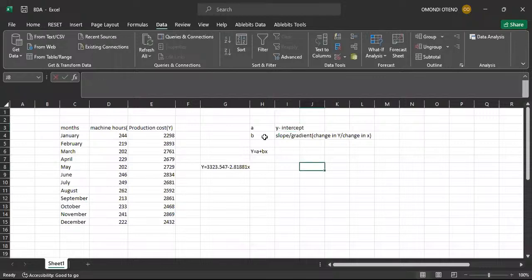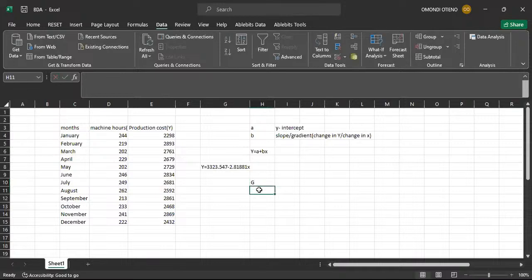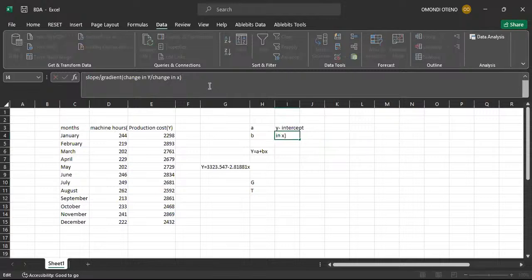So using the High-Low method, we need to get the coordinates. The coordinates at the highest point, we can call it G. The coordinates at the lowest point, we can call it T. Remember we said that this gradient is change in y over change in x. It is also called the cost driver. Another name is independent variable.